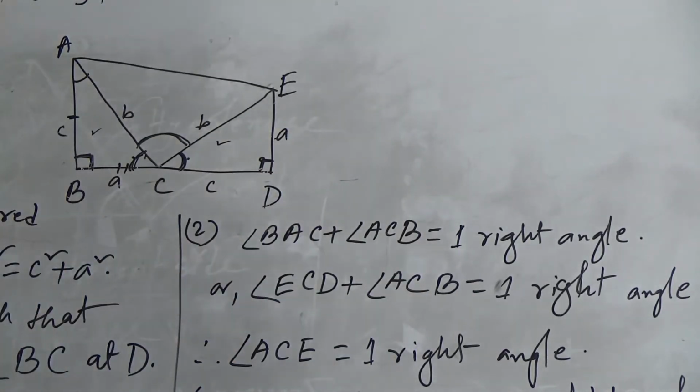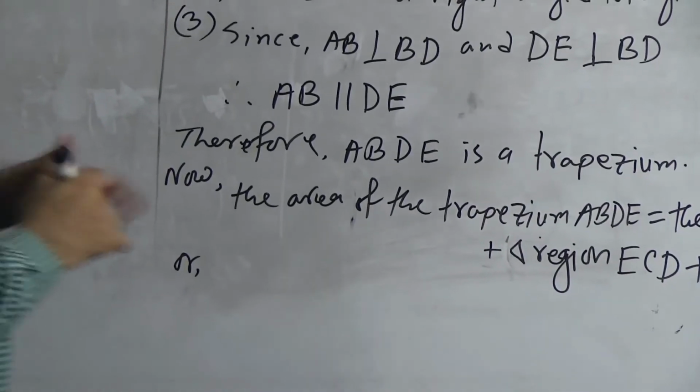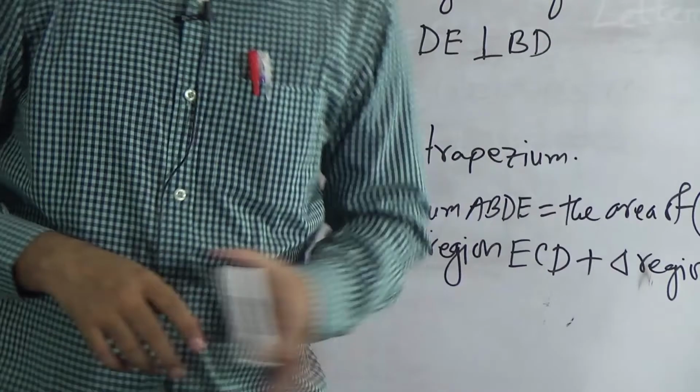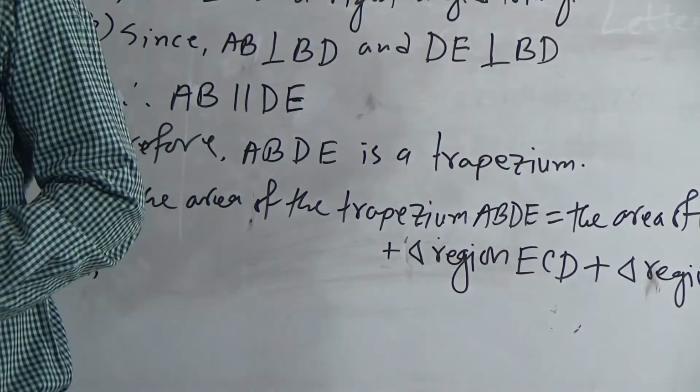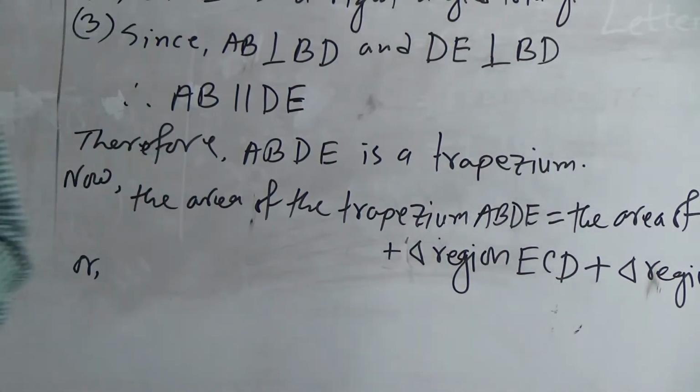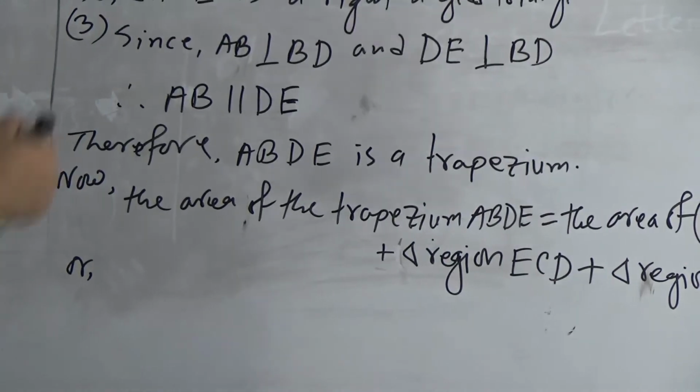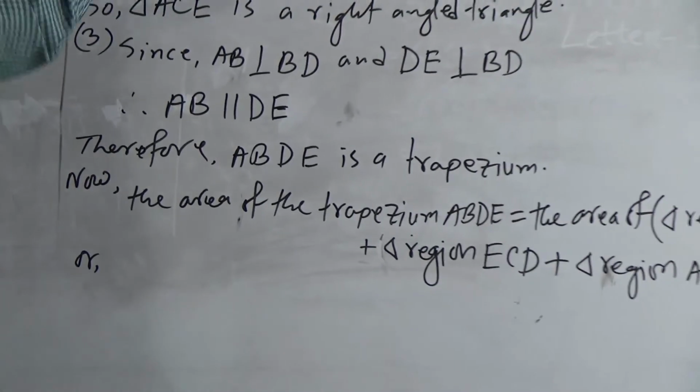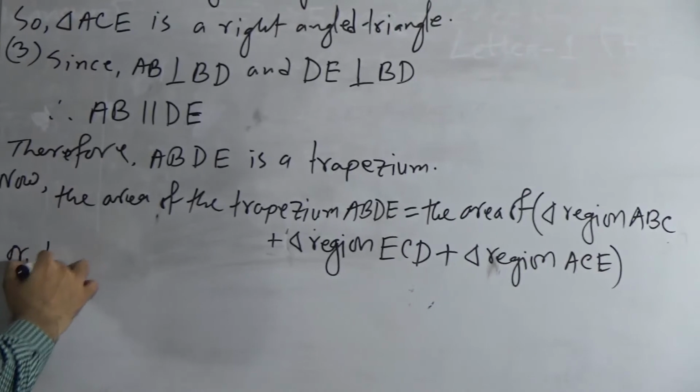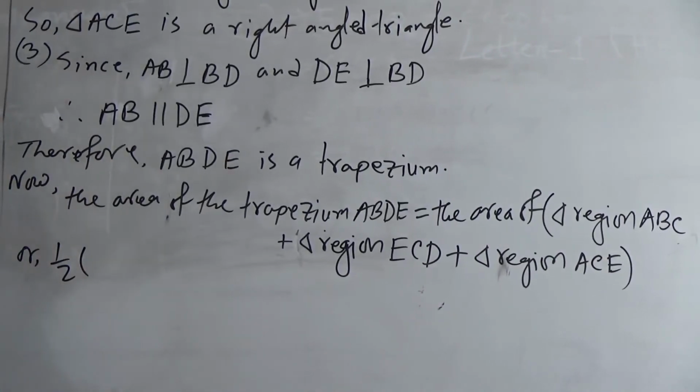Now we can write here the area of the trapezium. Dear students, you know the formula for the area of a trapezium: half into the sum of the two parallel sides, into the perpendicular distance between the two parallel sides.